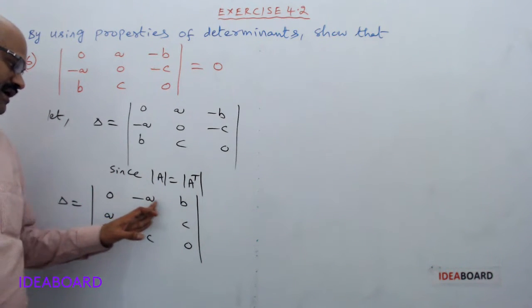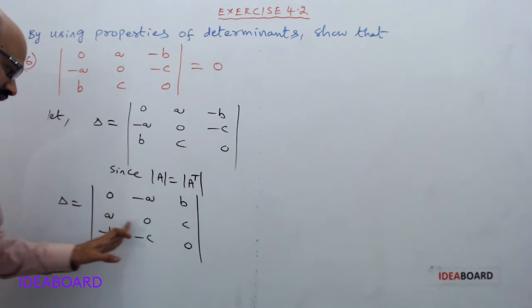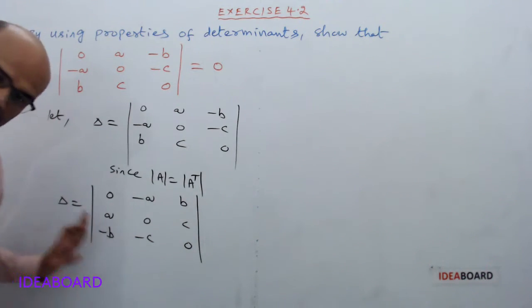Now take minus 1 common factor from R1, minus 1 common factor from R2, and minus 1 common factor from R3.